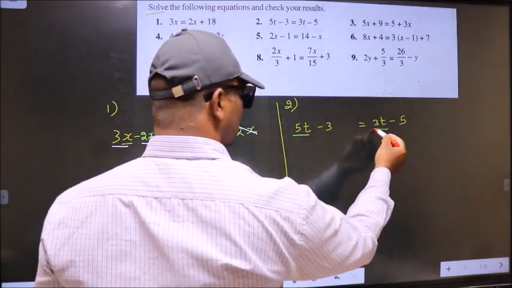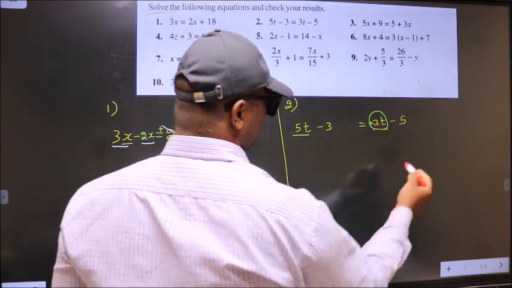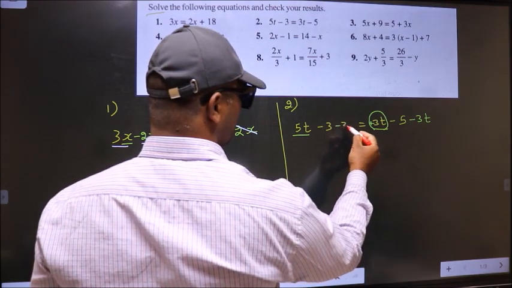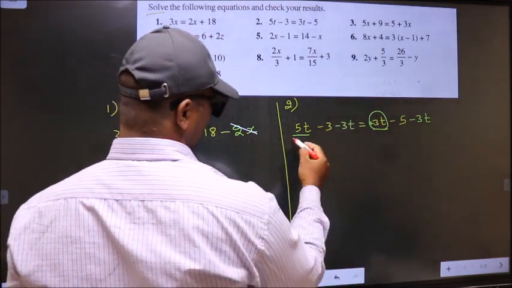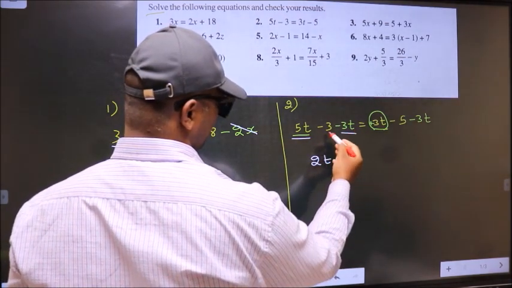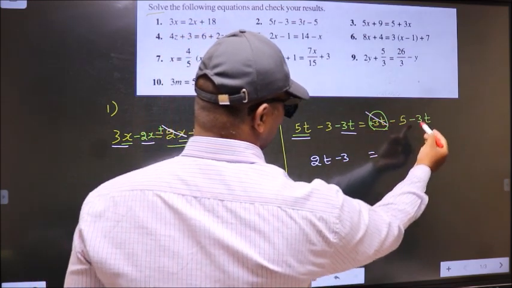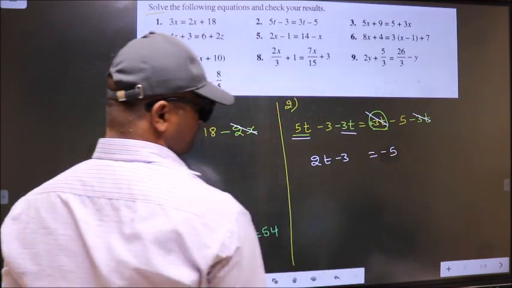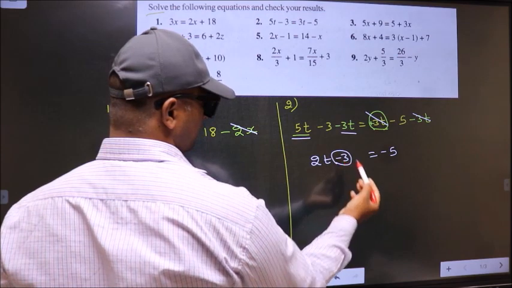So now we should remove plus 3t from this side. For that, you subtract 3t on both sides. So now 5t minus 3t is 2t minus 3 equal to, plus 3t minus 3t cancel out, you are left with minus 5.